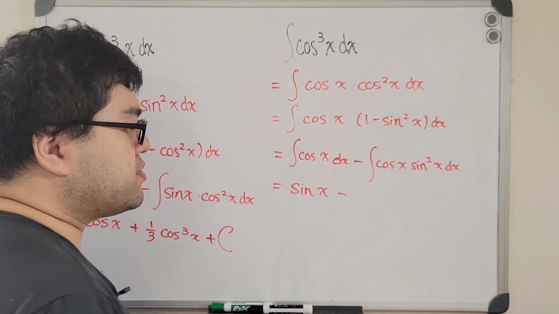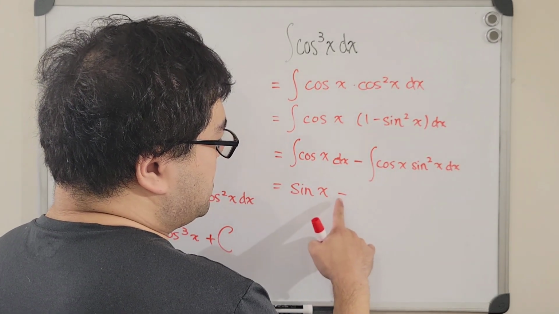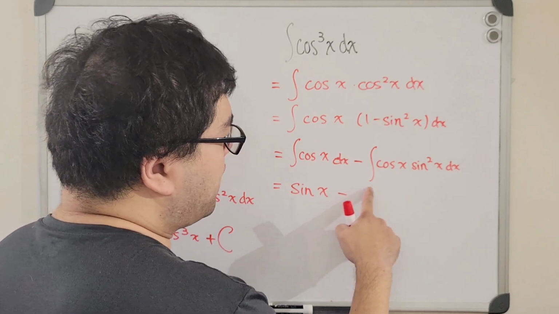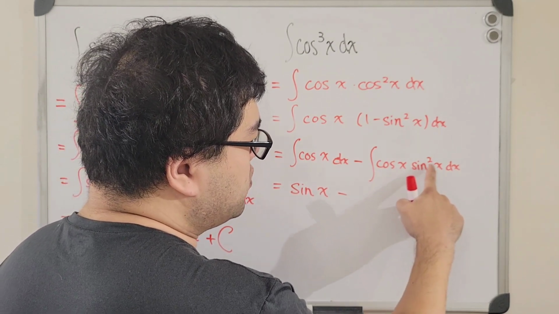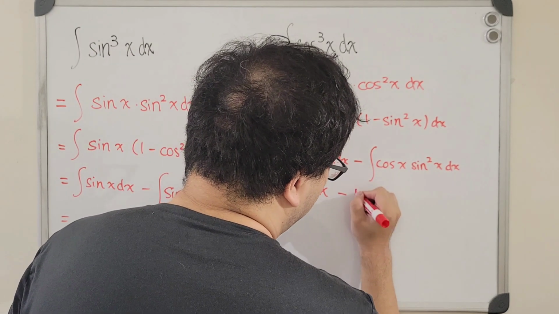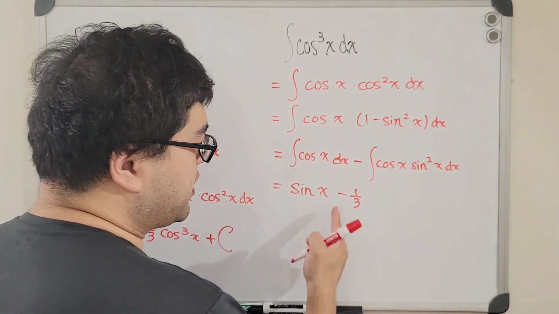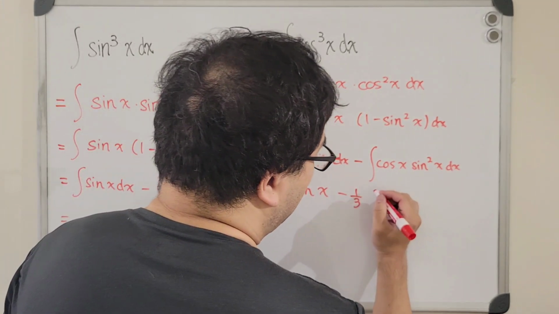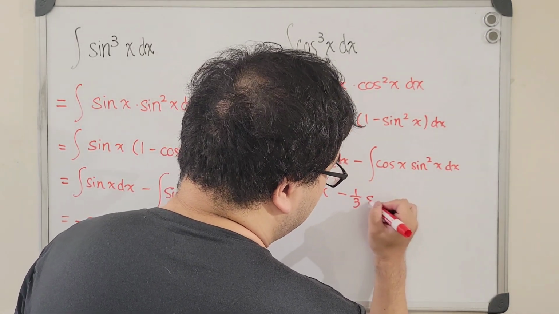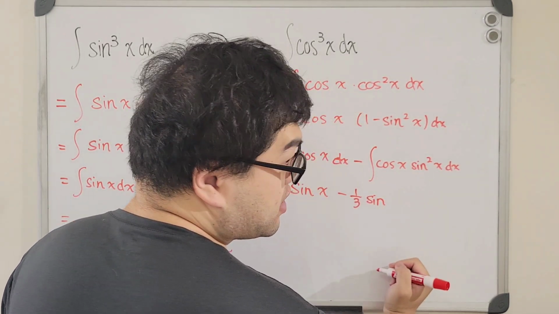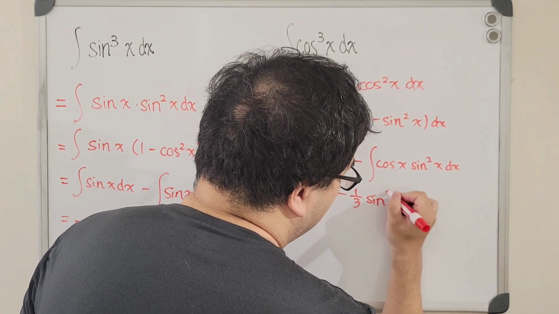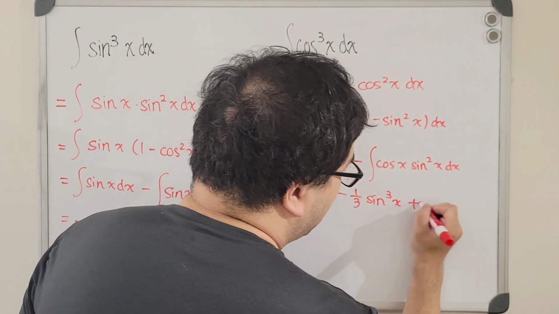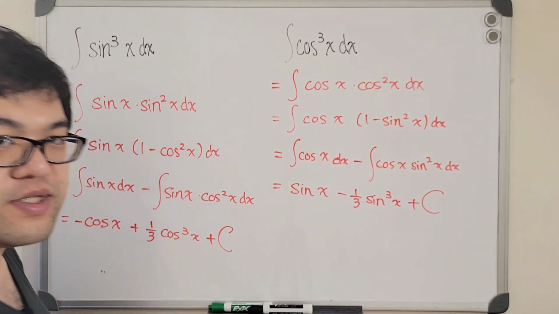So after we do a u sub, we actually get negative still the integral of u squared du. And again, if we take the antiderivative, we will get negative 1/3 of u to the third power. And again, u in this case is sine of x. So we have negative 1/3 sine to the third power. And last but not least, don't forget the plus c.